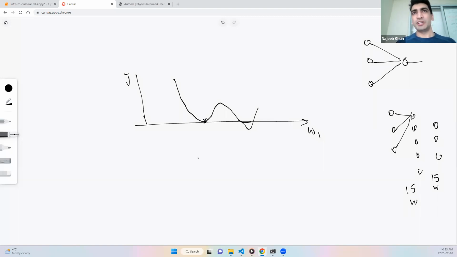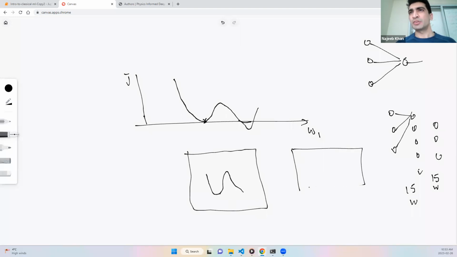But if you have multiple dimensions, let me take it to two dimensions. Even though in this dimension you can't go left or right, you could go along the second dimension, where the second snapshot is completely flat, or maybe even lower.